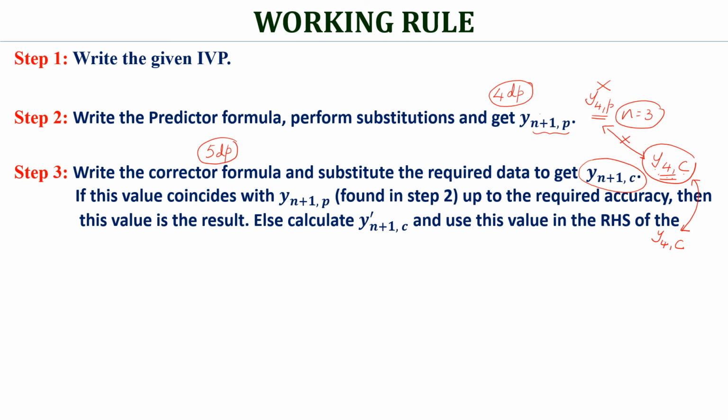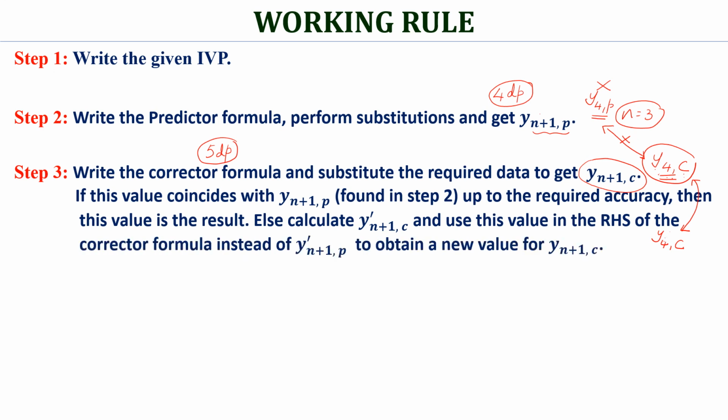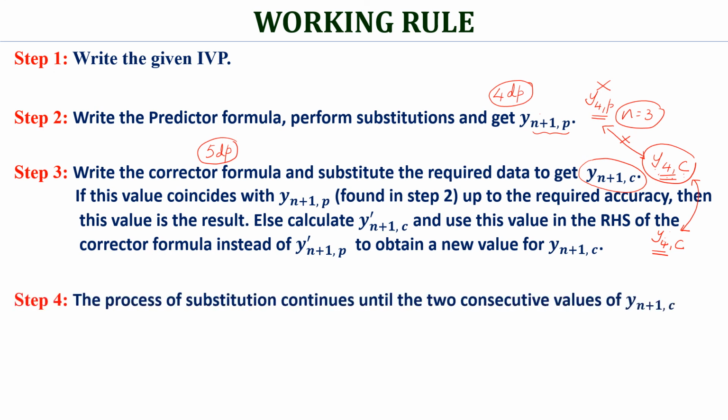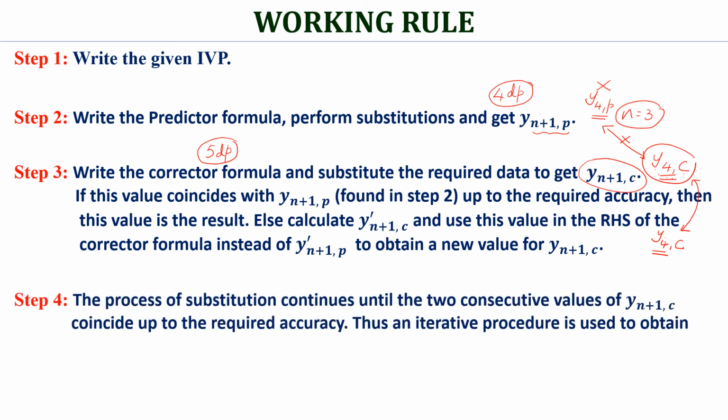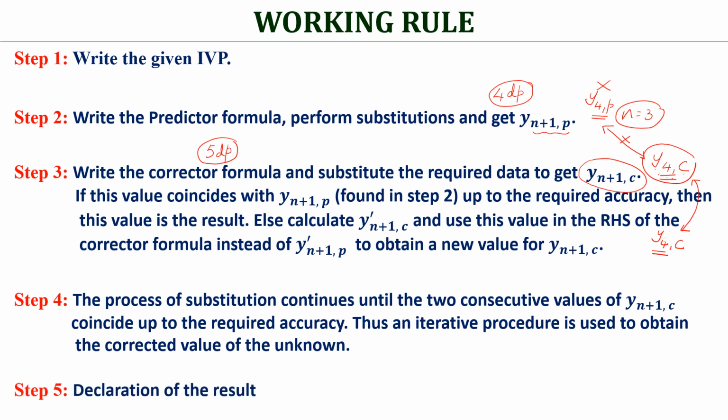It is between these two corrected values. If these two corrected values agree to the required number of decimal places, stop there and declare that value to be the answer for y4. So please note that this is the important step: the corrected value method is an iterative procedure. An iterative procedure is used for the corrected value, whereas a direct substitution is used in the predicted value. And finally, declare the result.